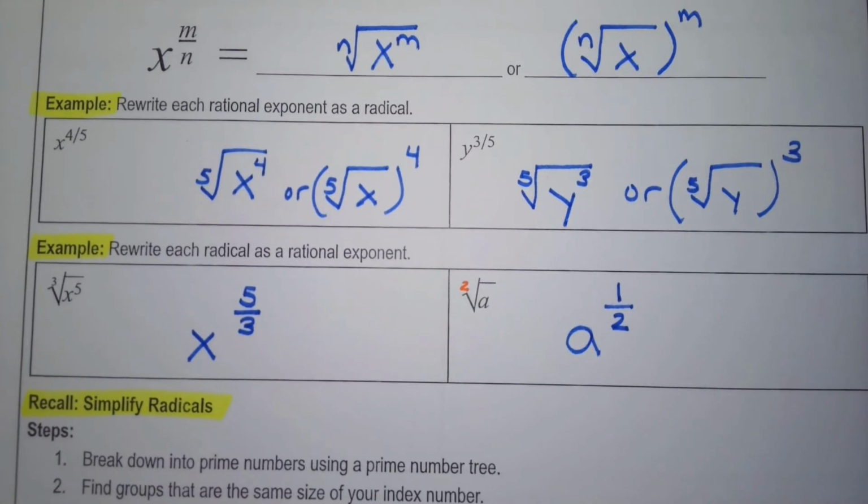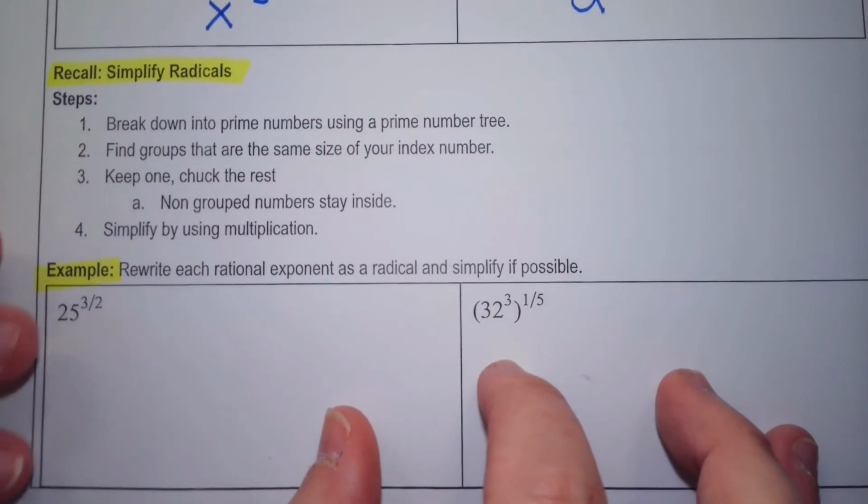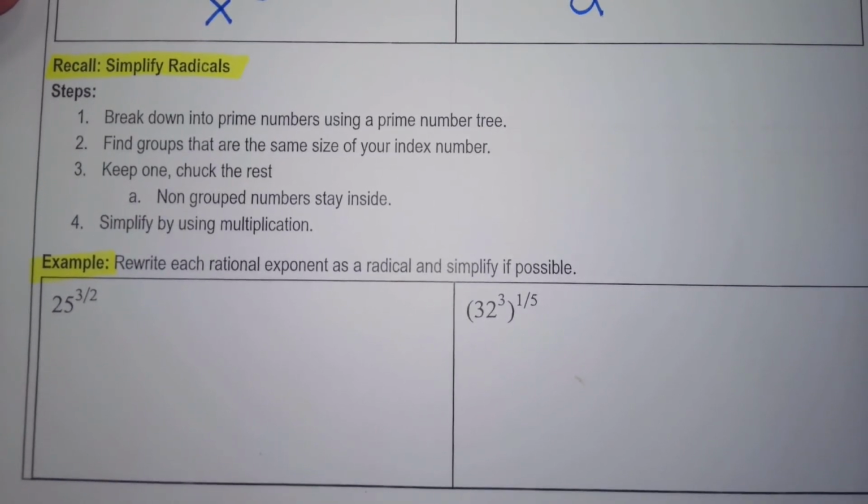All right. Now we're going to do some simplifying. But before we do that, we have to remember how to simplify some radicals. We have done simplified square roots before. The concept is the same when you have a larger index number. So our steps are to break it down into prime numbers using a prime number tree.